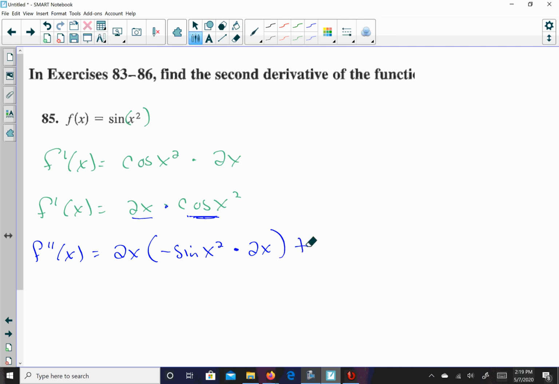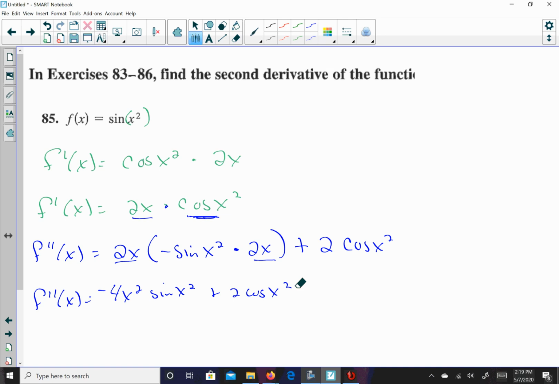And then this is going to be plus. Now I'm going to take the derivative of 2x, which is just 2, and leave the cosine of x squared alone. Now when I multiply these two, I'm going to get 4x squared times negative sine x squared plus 2 cosine x squared.